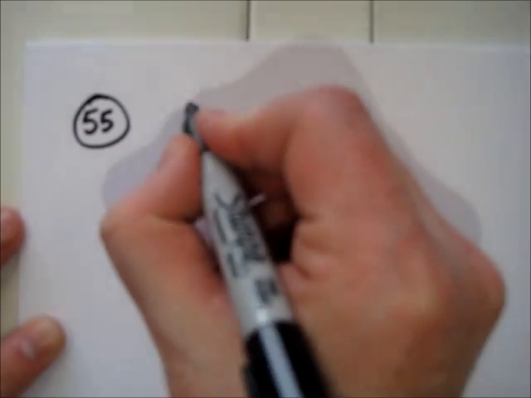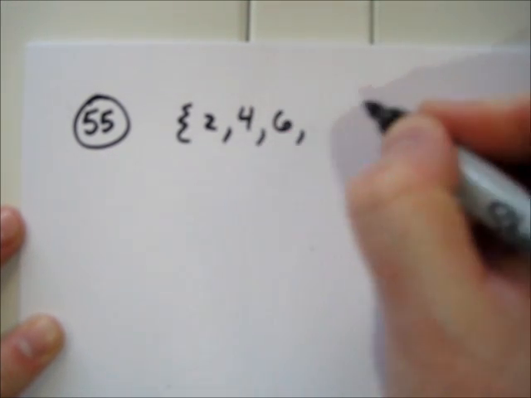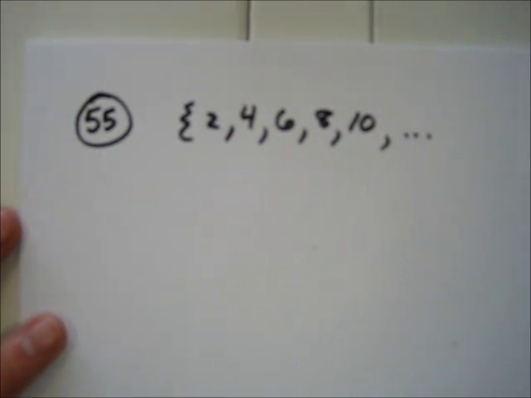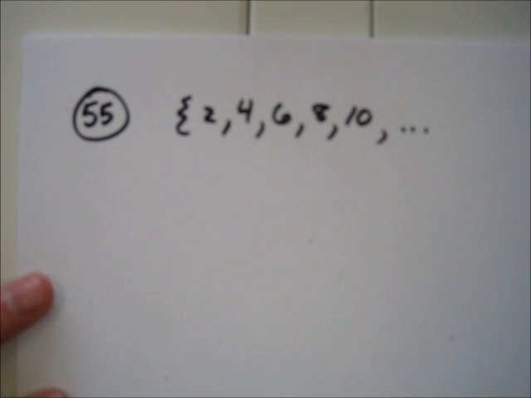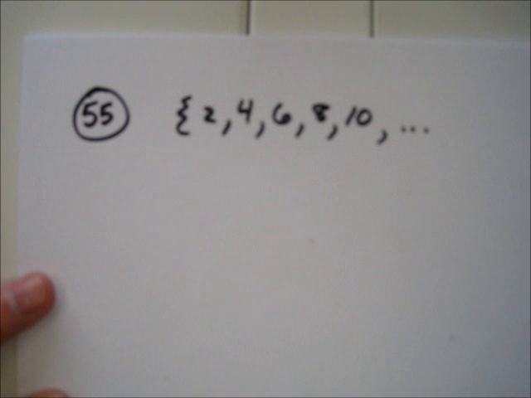So in problem 55, we have the set 2, 4, 6, 8, 10, etc. Basically, we have the even numbers as the set we're working with here. So our job is to put this in one-to-one correspondence with a proper subset.